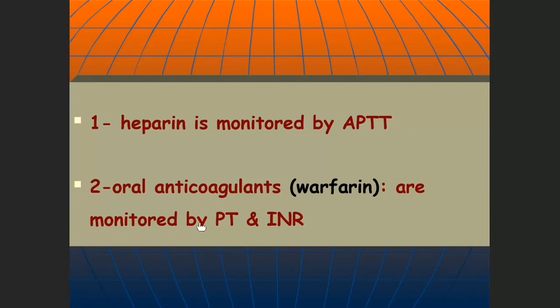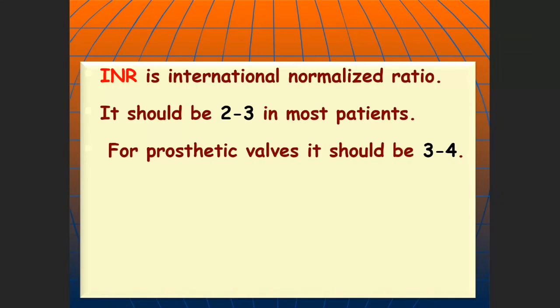Let us see what is INR. أي نتيجة بتاعت مريض بياخد وارفرين لازم يكون فيها PT، نتيجة فيها PT in seconds ومعها رقم تاني اسمه INR. INR is International Normalized Ratio.